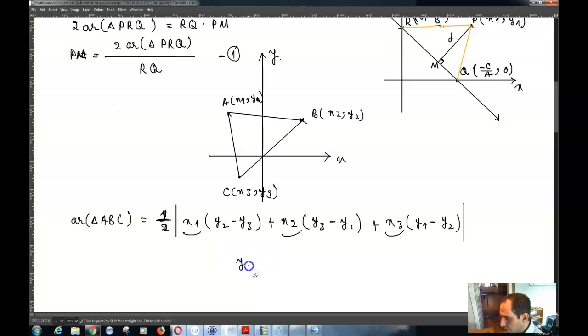If you have y1, y2 and y3, you start at y2 and go to y3, meaning you write y2 minus y3, and then you move on to y3 minus y1, so this is number 1, this is number 2, and then you have y1 minus y2, this is number 3.